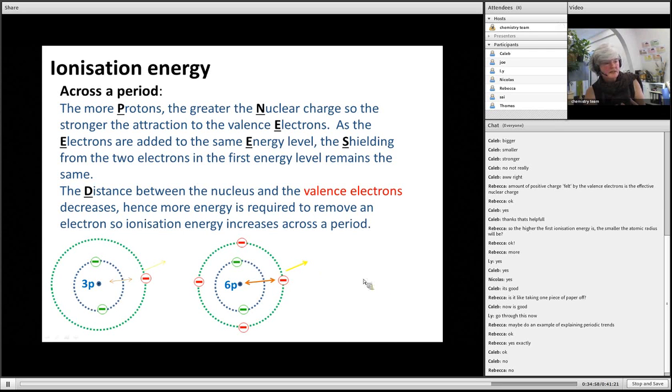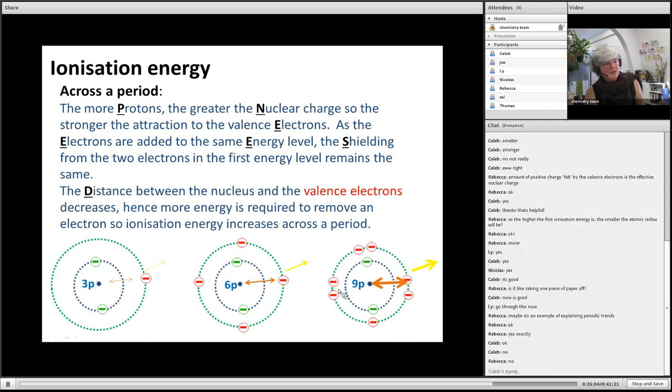And here I've got 9 protons, effective nuclear charge of 7, and so it's going to be a lot stronger pull, attraction between the nucleus and the valence electron, so it's going to be a lot harder to take the electron away. And then, as I say, I'm trying to show that the distance gets smaller.